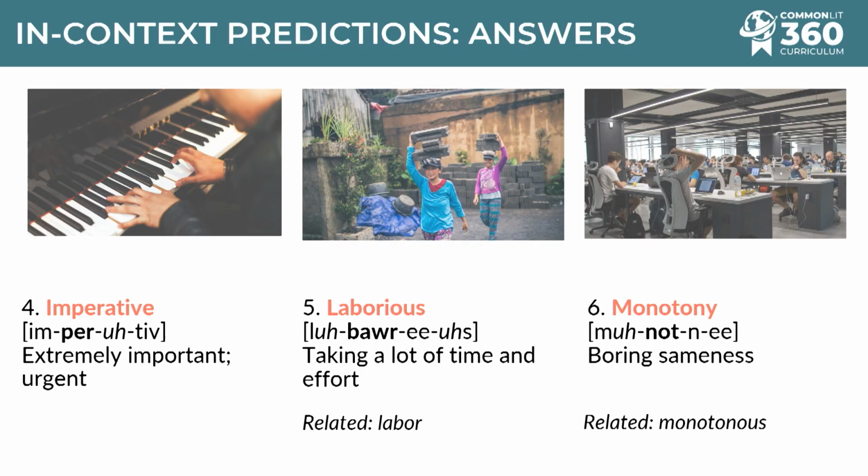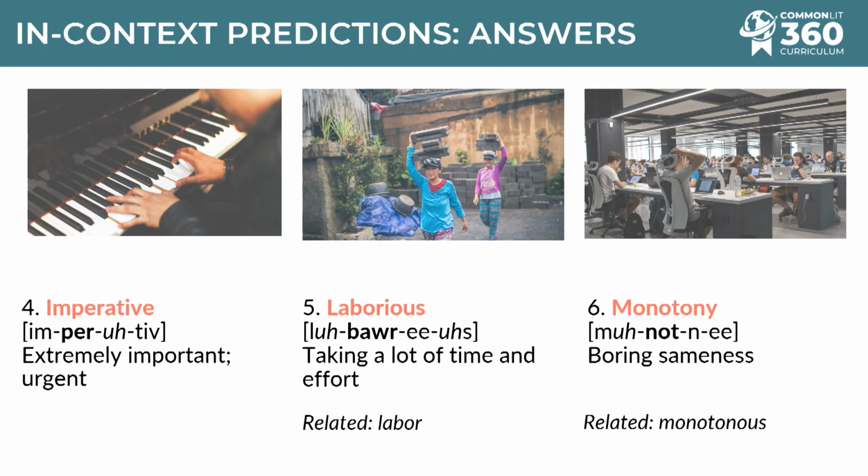Next, we have the word imperative. It means extremely important or urgent. Now, the next word, I say it one way, and other people say it another way. I'm so sorry, I'm getting tongue-tied. And so I'm curious how you say that word. So I say laborious, and some people say laborious. And so either way that you say it, it's fine.